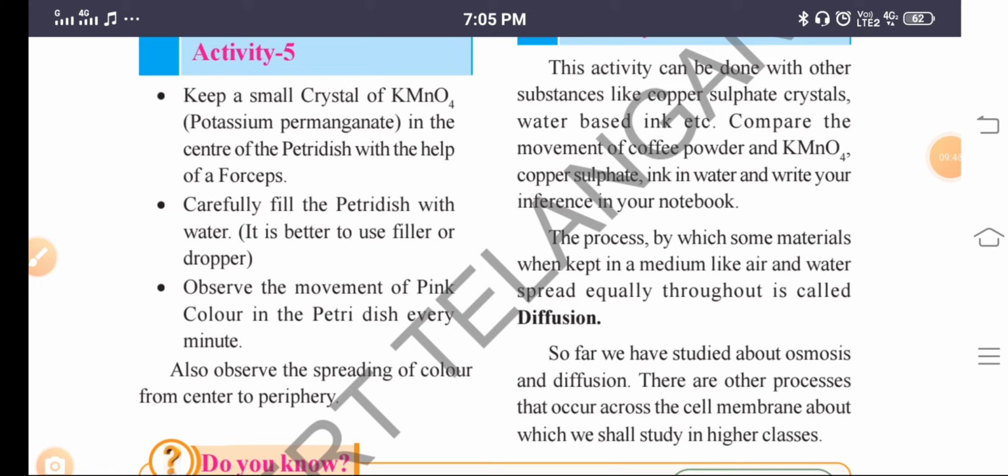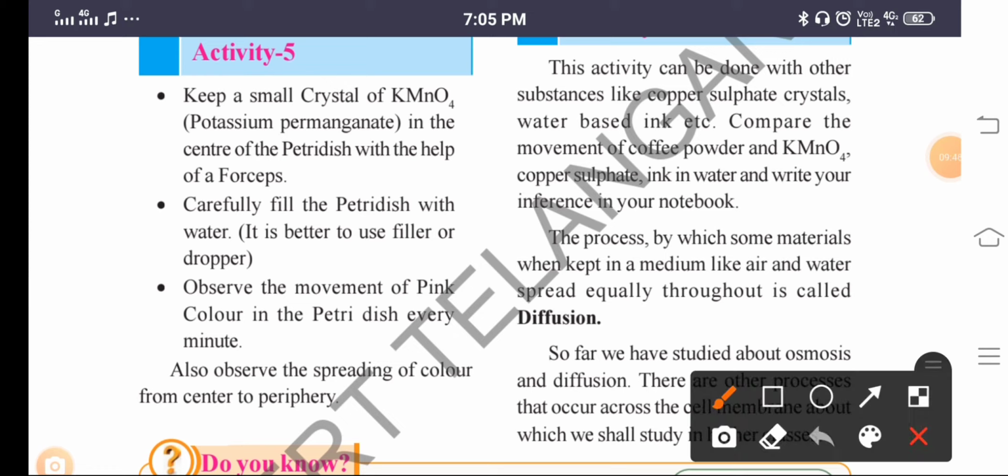Next, another experiment we can do with KMnO4, potassium permanganate crystals. Potassium permanganate is the best experiment which we conduct to prove diffusion. Take a beaker and pour the water, take potassium permanganate crystals and leave them in it.